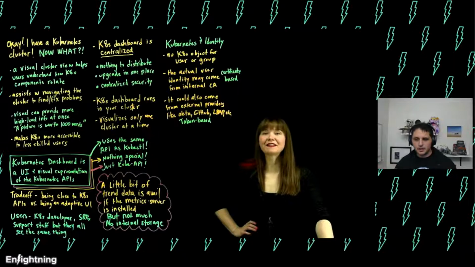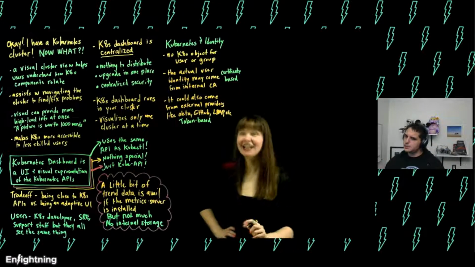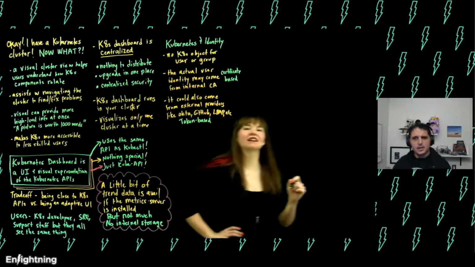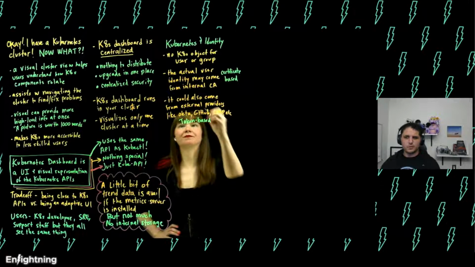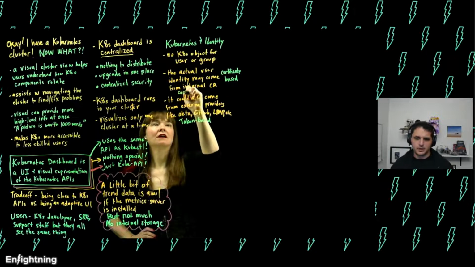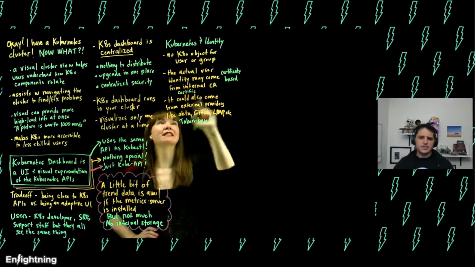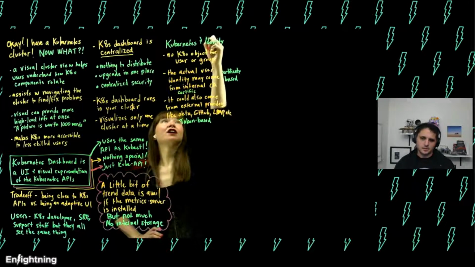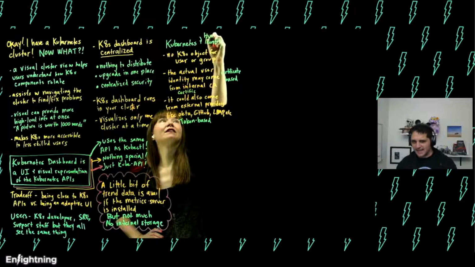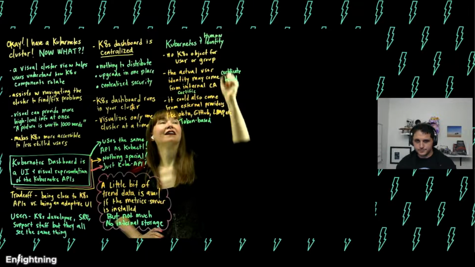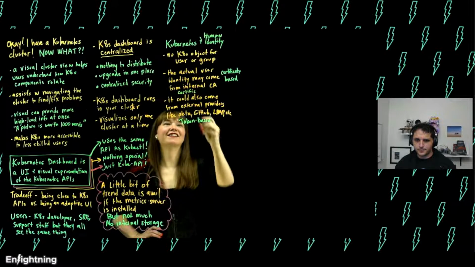And SPIFFE? SPIFFE is workload identity, not so much user identity. You could use it for user identity, but it's really meant for workload identity. It's a little bit different. Okay, so we're specifically talking about human users right now. Exactly. Okay, certificate based.